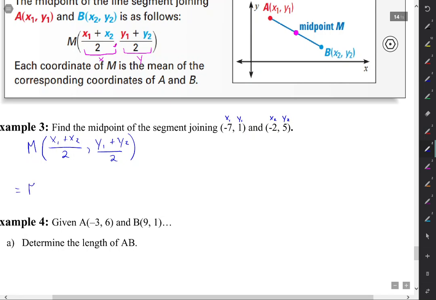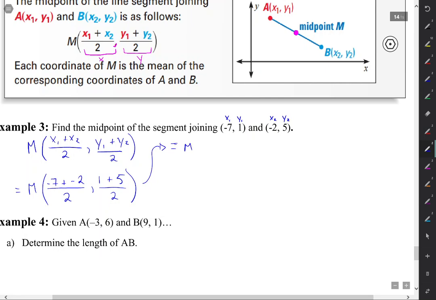So that's going to equal the midpoint, and let's plug in x1 and x2. That would be minus 7 plus minus 2 divided by 2, and then comma, our y1 is 1 plus y2 is 5, and then that's divided by 2. So I'm just going to bring this up here.